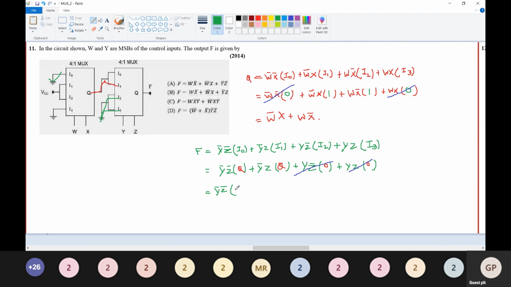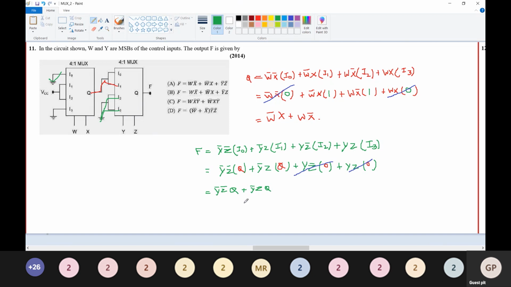We'll solve Q last. Plus Y dash Z into Q. Now, what are the common terms here?